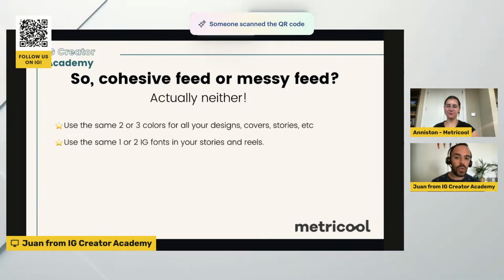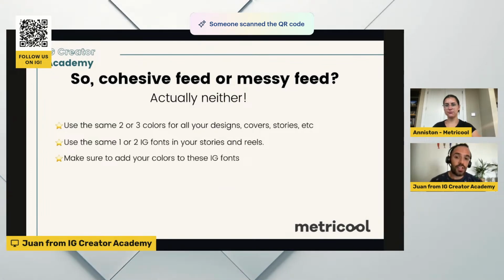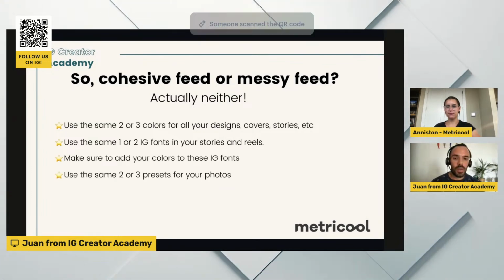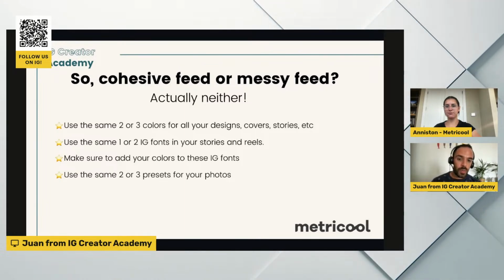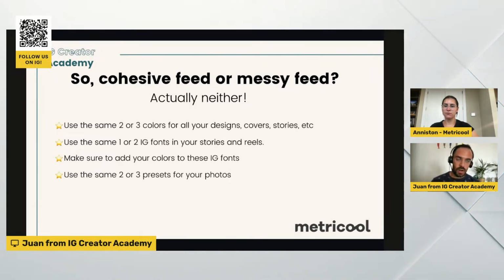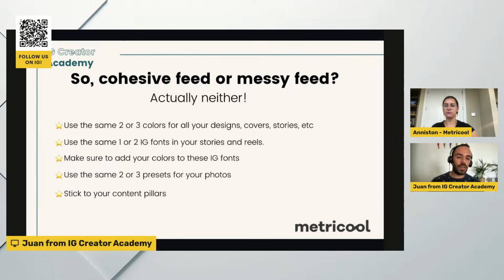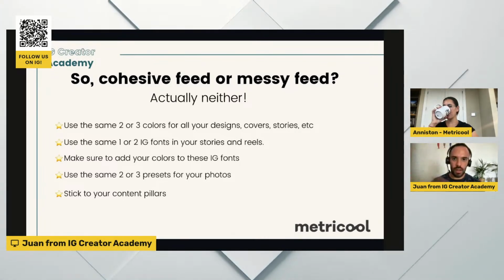Use the same 1 or 2 Instagram fonts in your stories and reels. Make sure to add your colors to these Instagram fonts. Use the same 2 or 3 presets for your photos in case you are in lifestyle, photography, etc. And the most important thing about your feed is that you stick to your content pillars. It's more about the value that you provide and the messaging than the visuals of your feed.